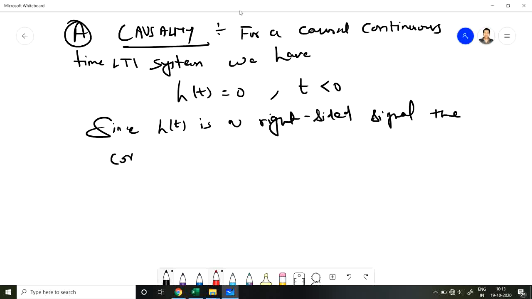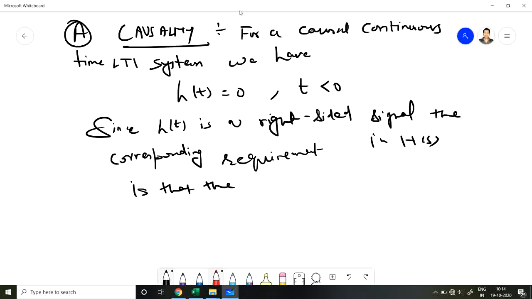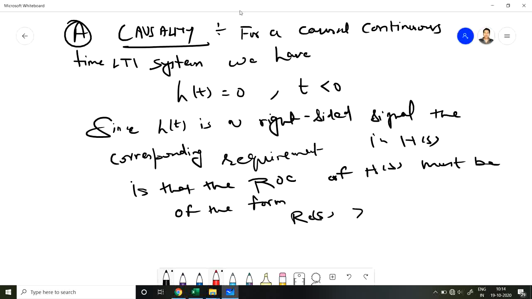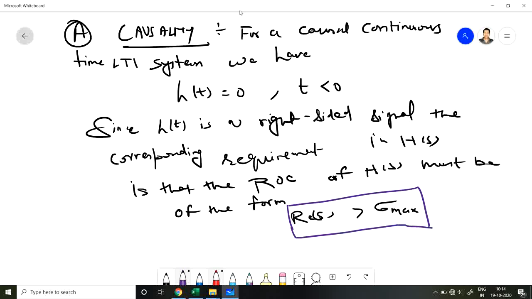The corresponding requirement in H(s) is that the region of convergence, the ROC, of H(s) must be of the form real part of s greater than sigma max.